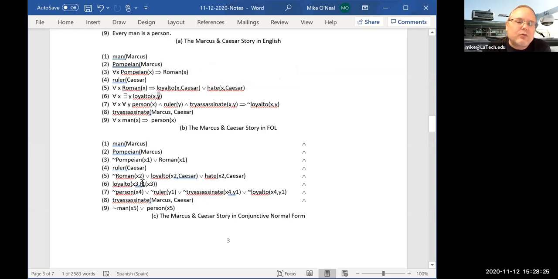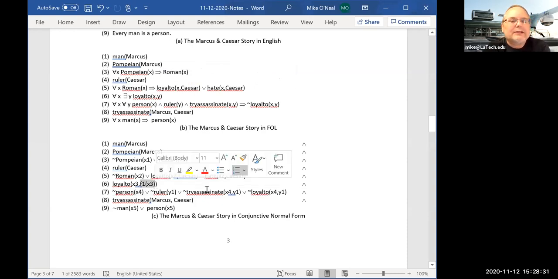And the way we do that is with things called Skolem functions. A Skolem function is a function that you don't need to know how to compute.